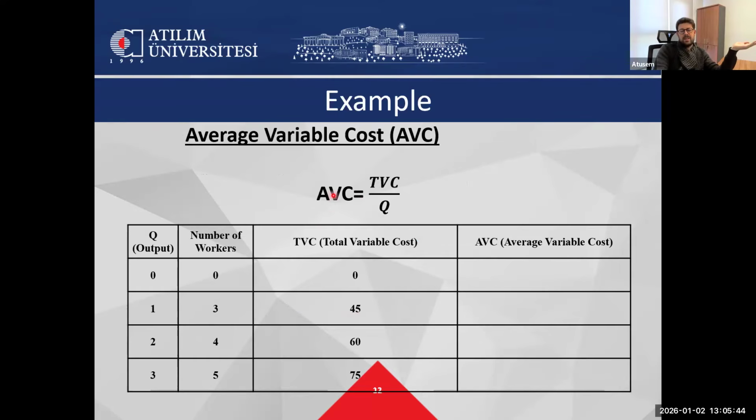The same mechanism: average variable cost means total variable cost divided by quantity. Don't forget, this is quantity, not labor amount. So 0 divided by 0, undefined. 45 divided by 1, 60 divided by 2, 75 divided by 3.